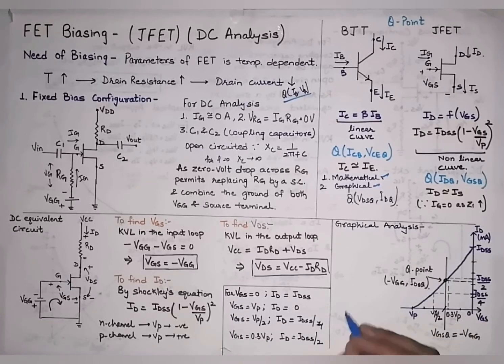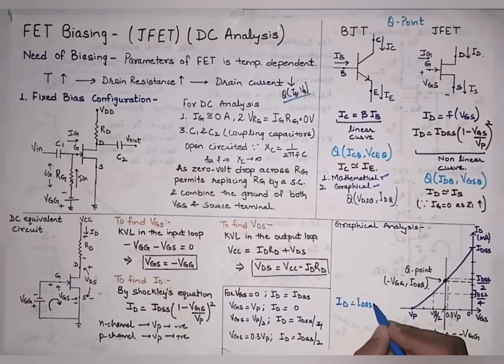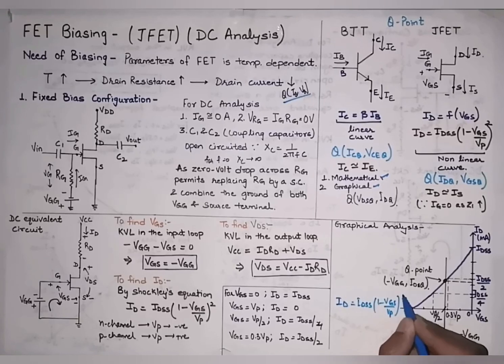Using the Shockley equation of ID equal to IDSS into (1 minus VGS by VP) whole square, if I put VGS equal to 0, then my ID will be IDSS. If VGS is equal to VP, I will get ID equal to 0. For VGS equal to VP by 2, my ID will be IDSS divided by 4. And for VGS equal to 0.3 of VP, I will get ID equal to IDSS by 2. Now by combining these points, I can obtain this curve.